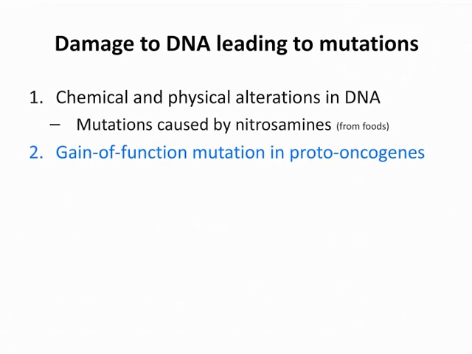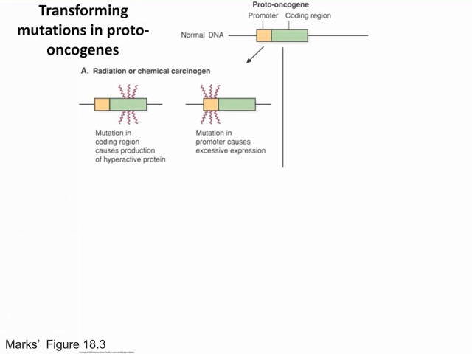So the next damage to DNA leading to mutations is something called gain-of-function mutation in proto-oncogenes. So if you remember from your definitions, proto-oncogenes are just a normal gene that regulates cell growth, and it can be dangerous if it's converted into an oncogene, and this is usually caused by a gain in function in the DNA.